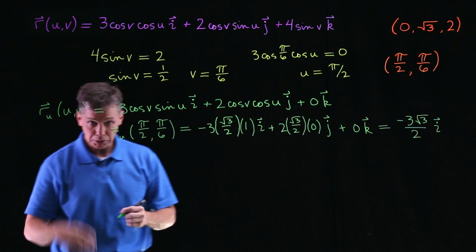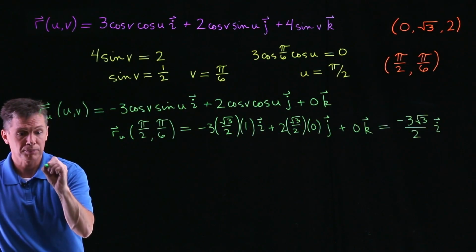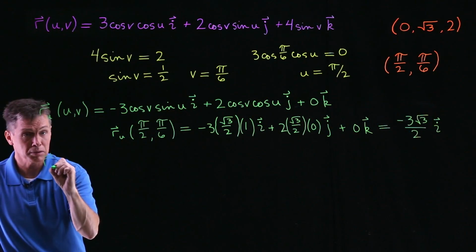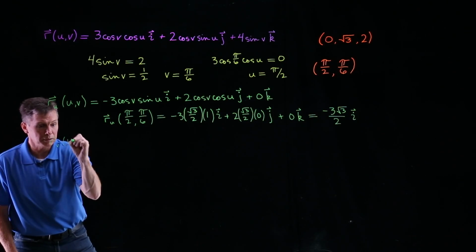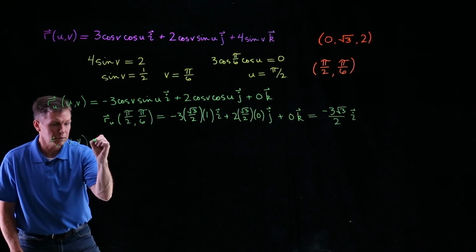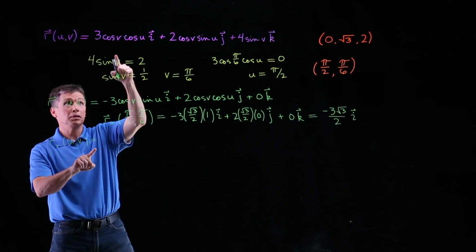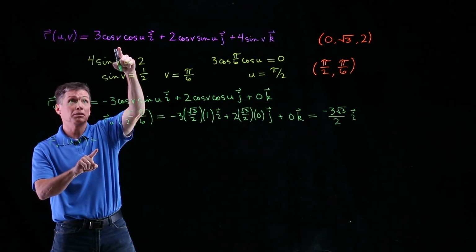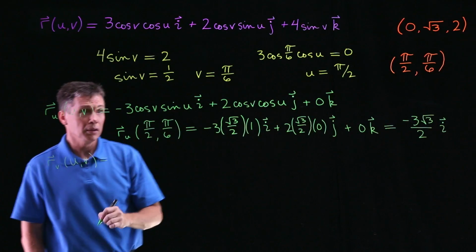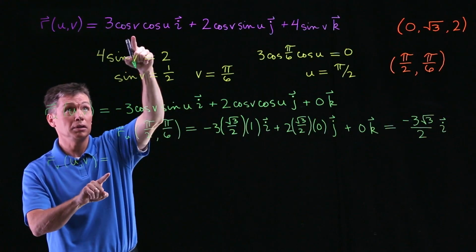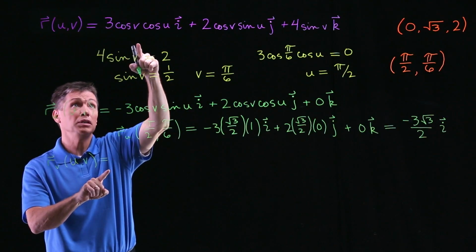Back over here, let's do that other partial that we mentioned. We need that r function, partial with respect to v, of u, v equals. I'm looking up here, but differentiating with respect to v.